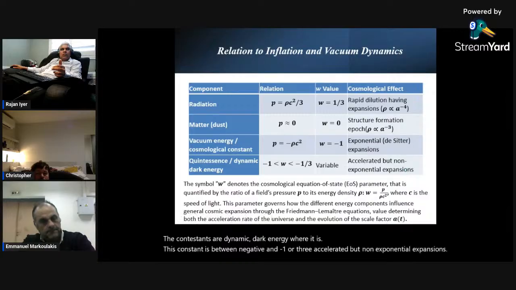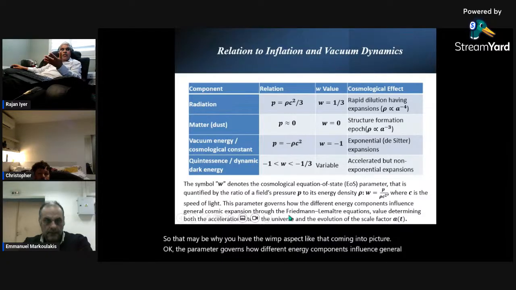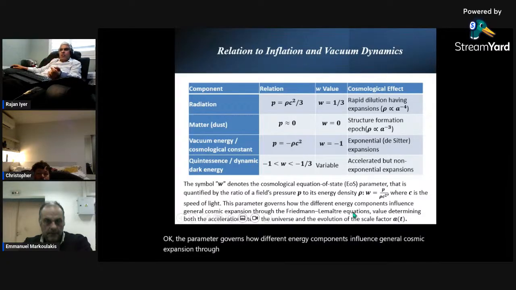So that may be why you have the WIMP aspect, things like that, coming into the picture. The parameter governs how different energy components influence general cosmic expansion through the Friedmann-Lemaitre equations. So these are all from literature. The value determines acceleration and the evolution of the scale factor a(t).